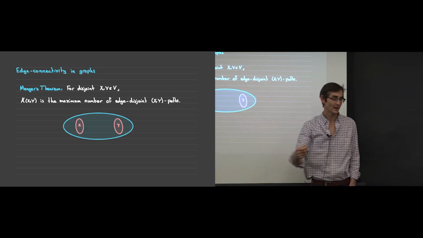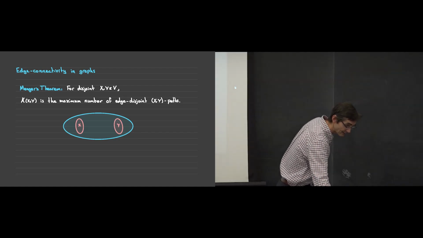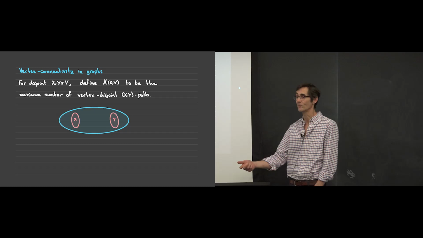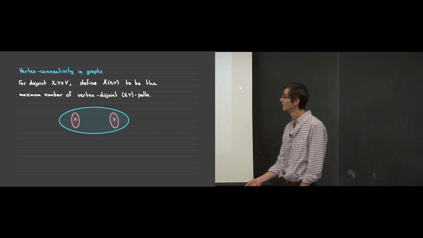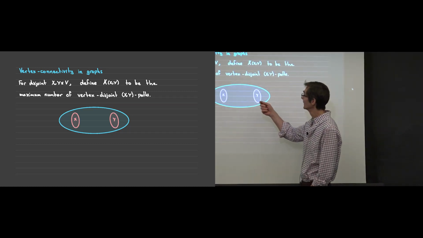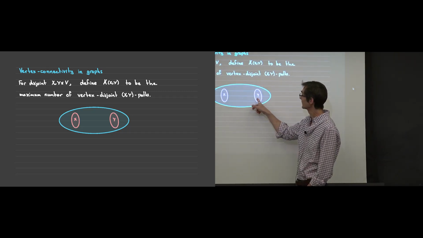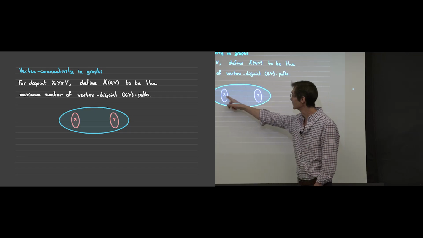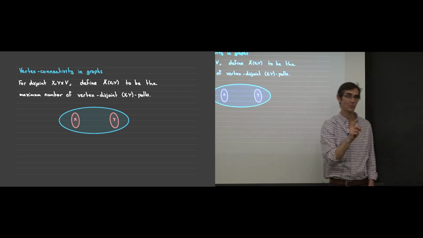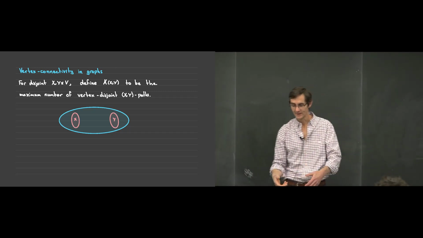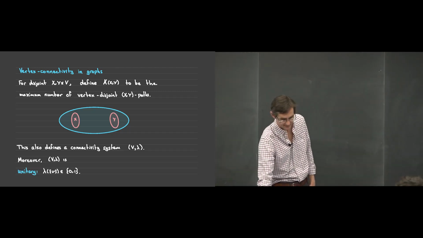I could replace edge disjoint paths by vertex disjoint paths, and I could define a new connectivity system that way. So if I take two disjoint sets of vertices in a graph, and I let kappa be the number of vertex disjoint paths from X to Y, now I can define lambda from kappa, and again, yes, you get a connectivity system.